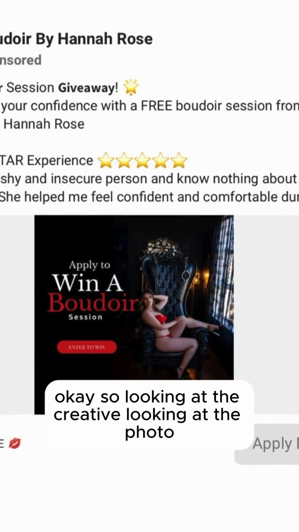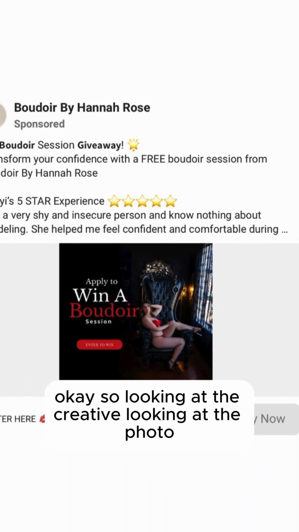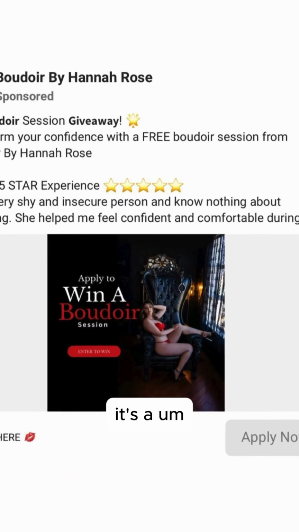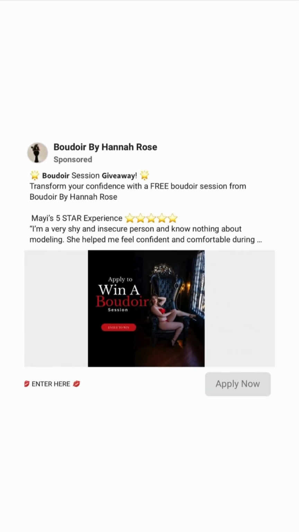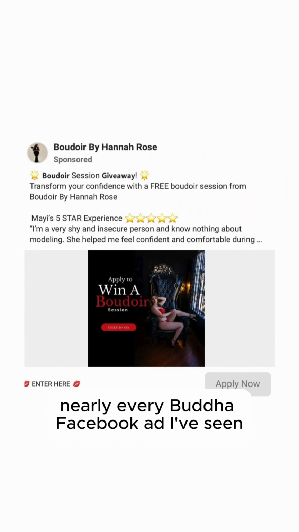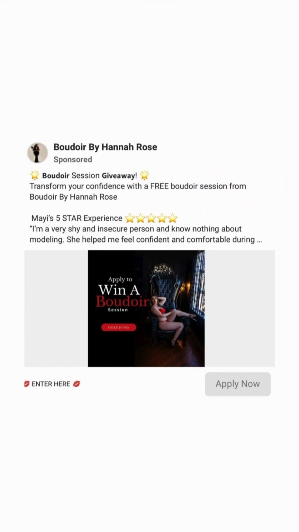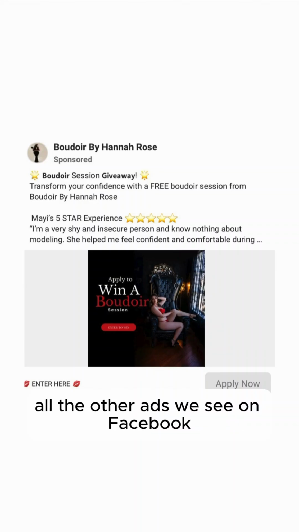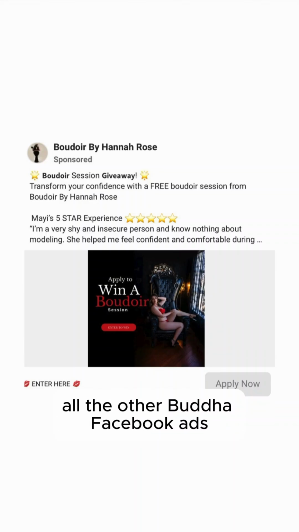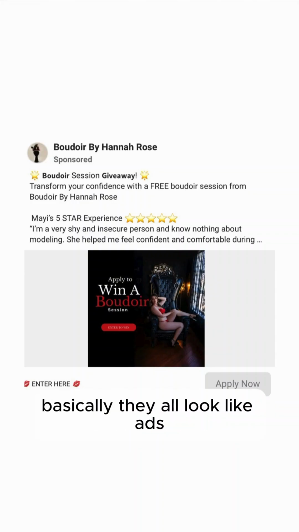Apply to win. Okay, so looking at the creative, looking at the photo, yes, it looks like an ad mistake. Same with nearly every Boudoir Facebook ad I've seen. So that looks like an ad mistake. The false belief that causes us to make this mistake is all the other ads we see on Facebook, all the other Boudoir Facebook ads. Basically, they all look like ads.